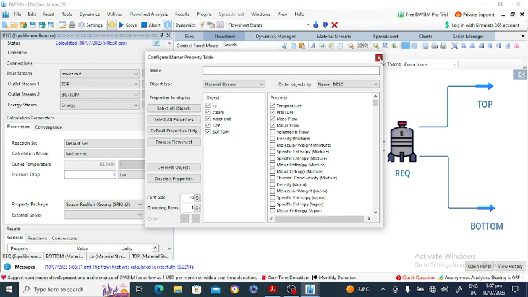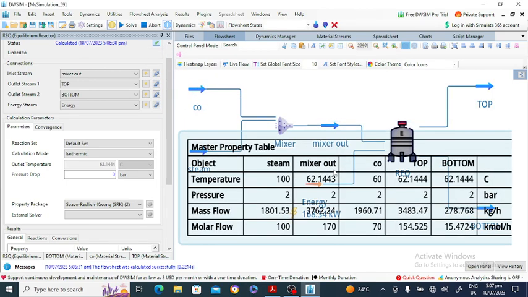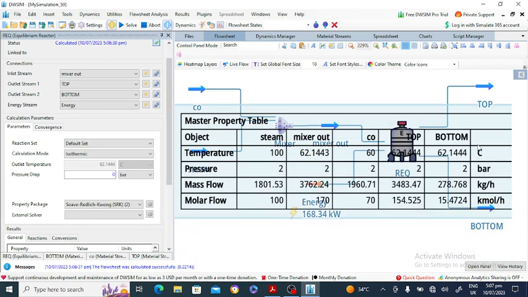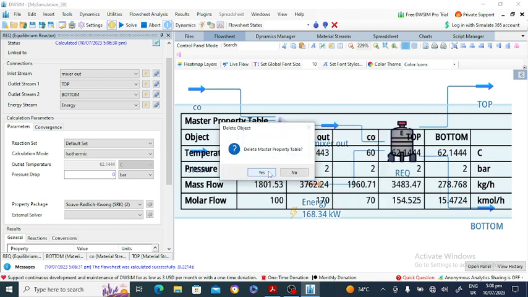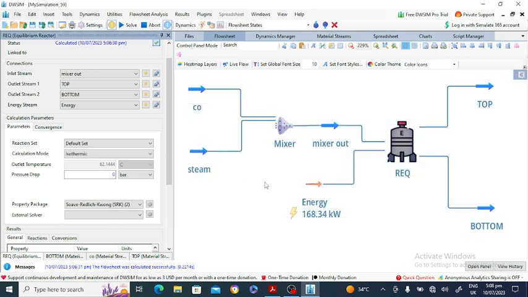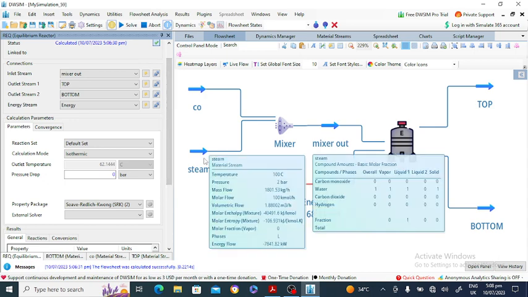Select all these, and you can see the temperature, pressure of the bottom, mass flow rate, the top, the carbon monoxide, and this is the mixer outlet, steam, temperature, pressure, mass, molar flow rate. So you can delete, I will delete this one. Okay, so this is for isothermal.